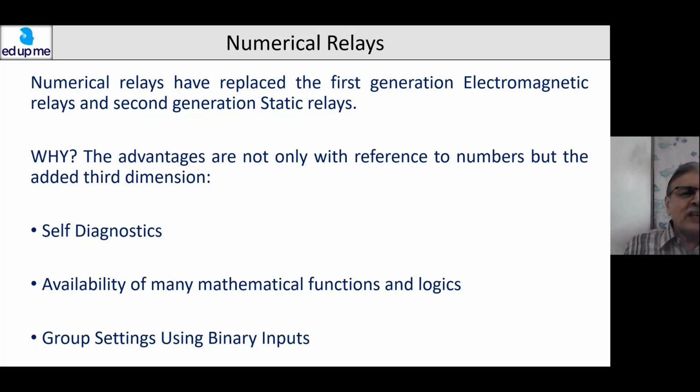If there is any error in the software or hardware part of the relay, that will be announced on the display panel of the relay. So one will come to know that there is some error. Not only that, but one can have an alarm, or it's also quite possible to trip the breaker that is being controlled by the relay.